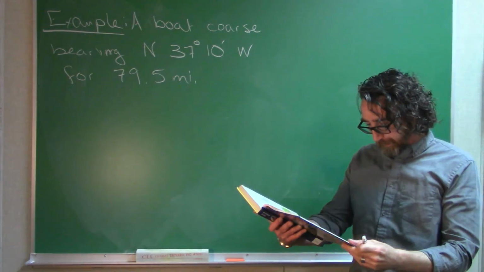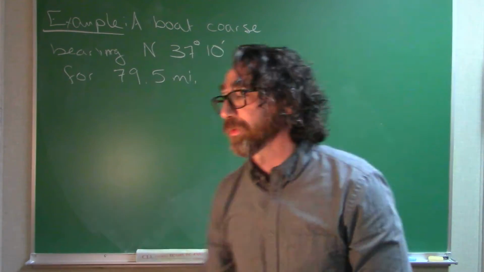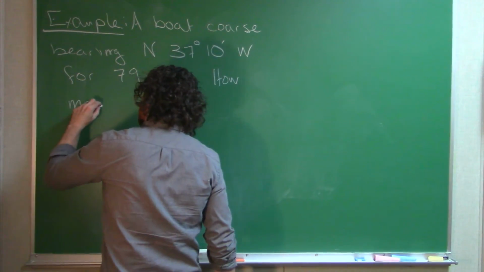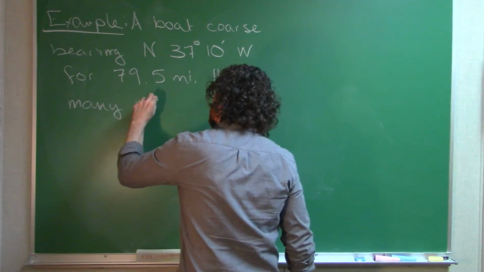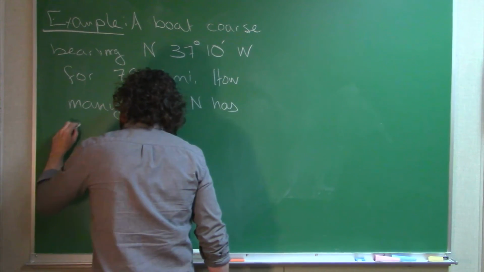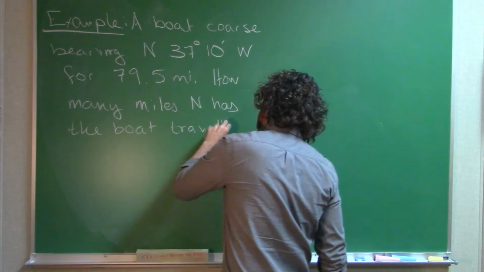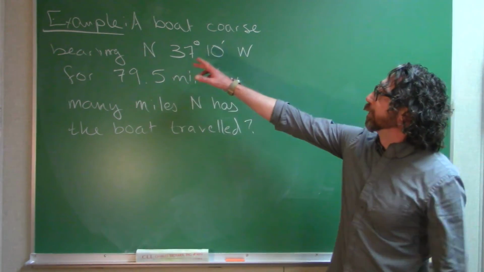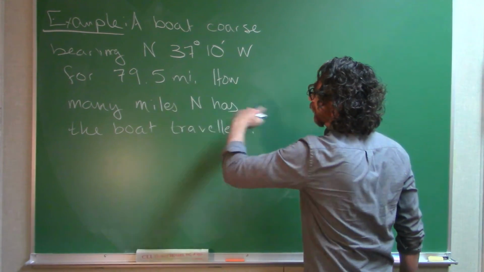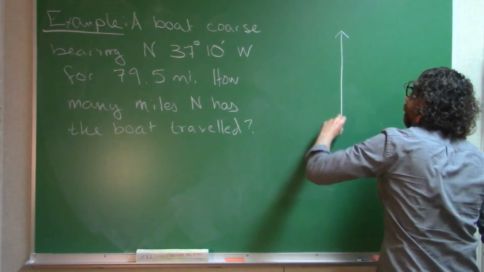And the question we're asking is, how many miles north has the boat traveled? Okay, so our boat is going on this course, north, 37 degrees, 10 minutes west, 79.5 miles. We're asking how many miles north our boat has traveled.